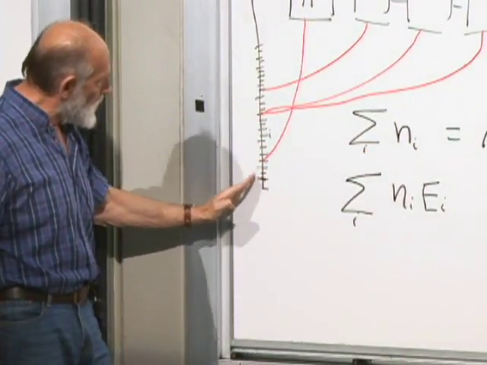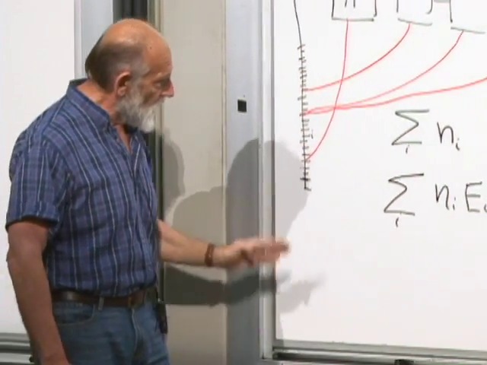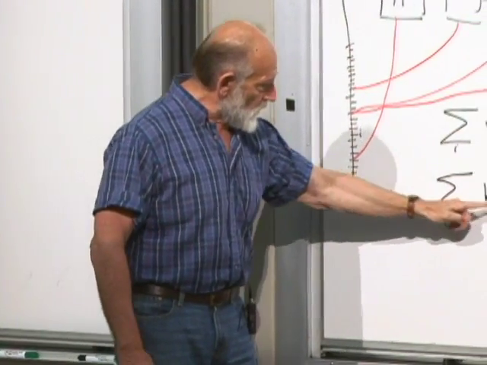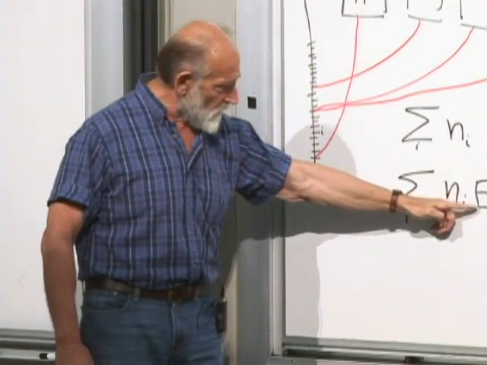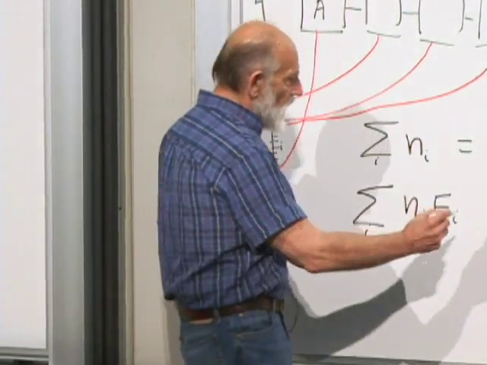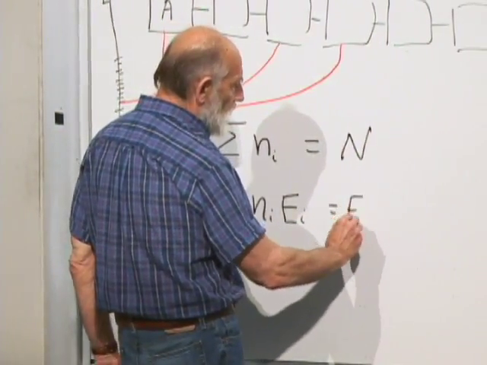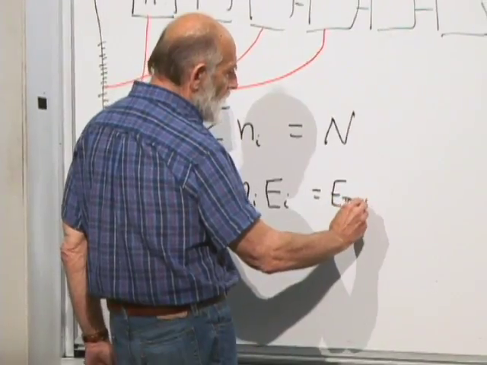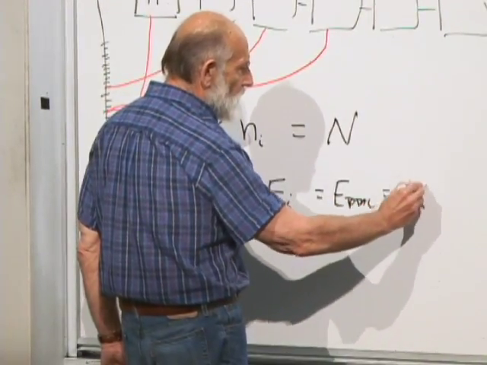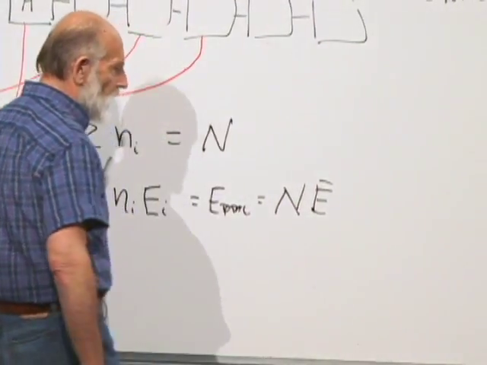So i labels states, not boxes. So don't get confused by that. Second, the number of boxes with each energy level, when added up, has to add up to the total energy. So that must add up to E total, but we can also remember that that happens to be N times the average energy of any given box.